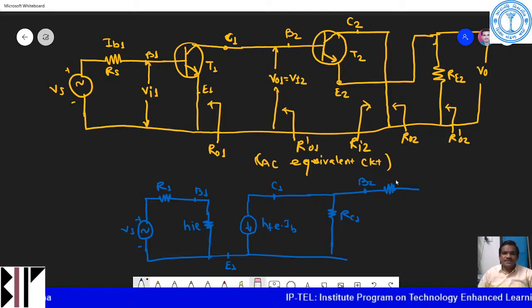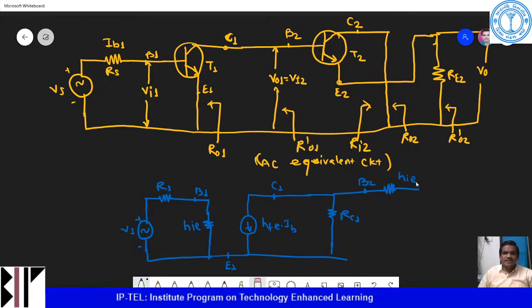This is my base, and then you can write it as HIE.